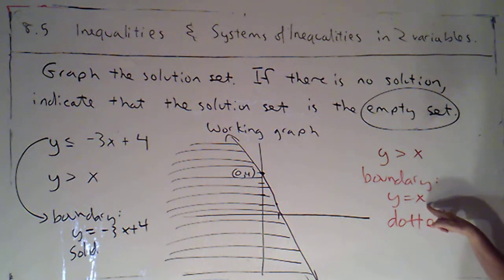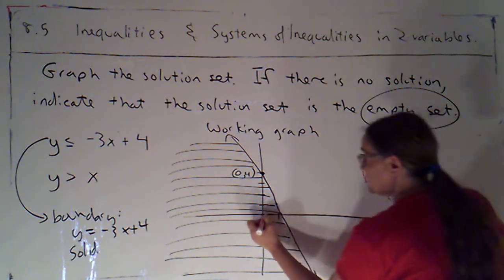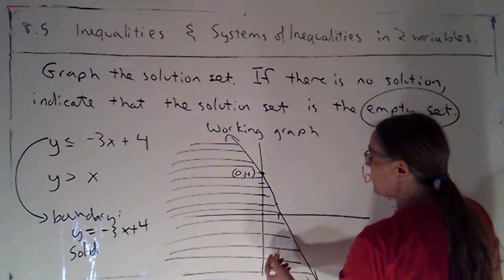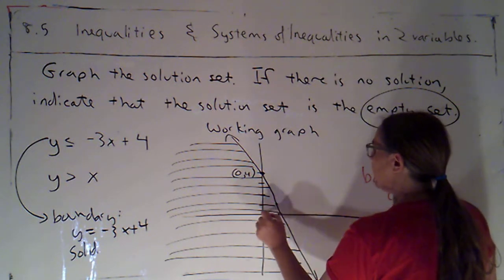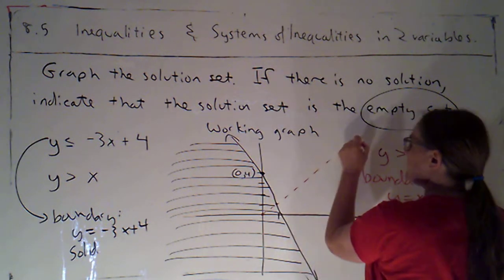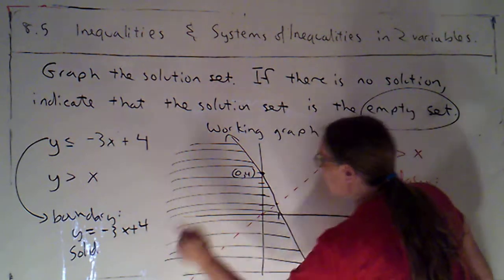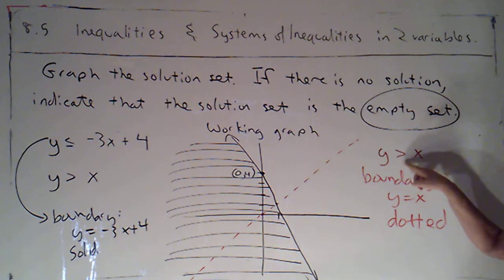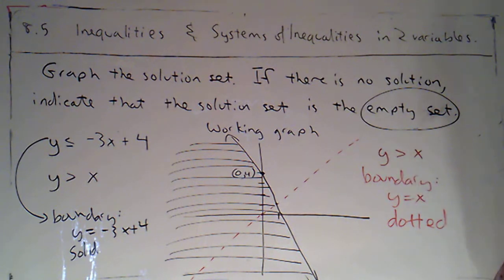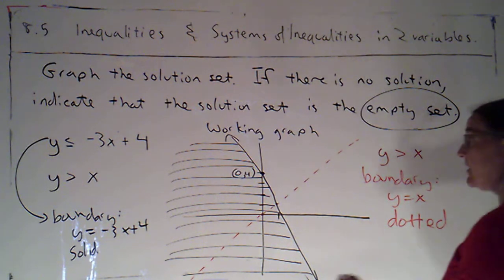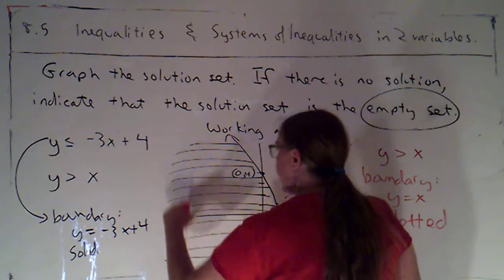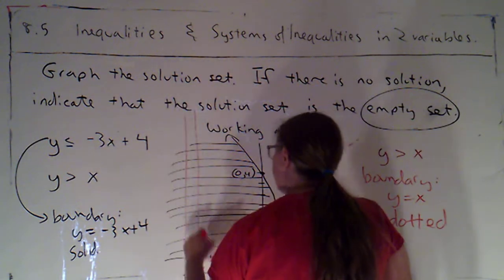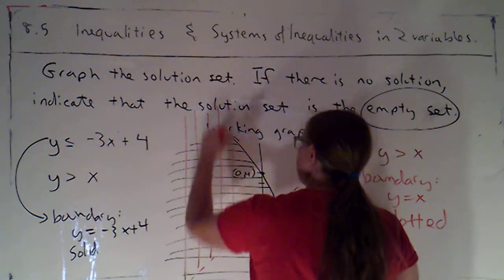For y equals x, the y-intercept is the origin here, but the slope is 1, so we'll come up 1 over 1, and I'll connect those dots with a dotted line. We wanted y to be greater than x, so I want to shade above this line, and I'm going to indicate that using a vertical shading here.